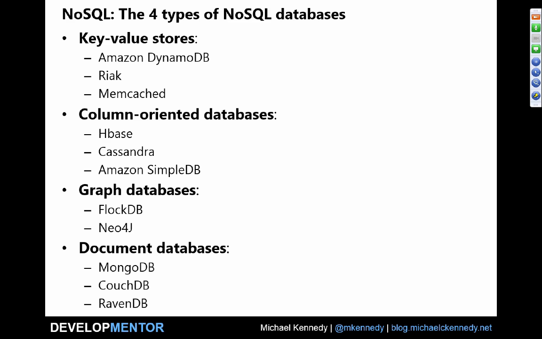And finally, what I think is the most important segment of the NoSQL databases, and we're going to spend the majority of our time talking about these, are the document databases. Most applications and most developers would not be able to replace something like SQL Server or Oracle with a key value store.